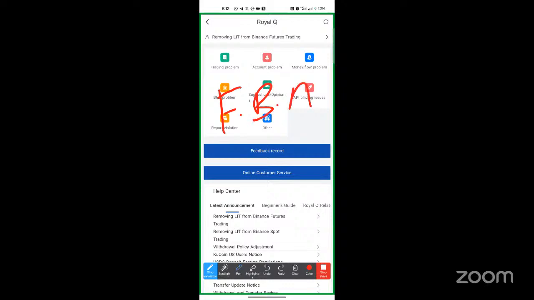Whether it is 200, whether it is $10, whether it is 5, this is the first time. But when this coin starts going down and it buys margin call 1, margin call 2, margin call 3, margin call 4.